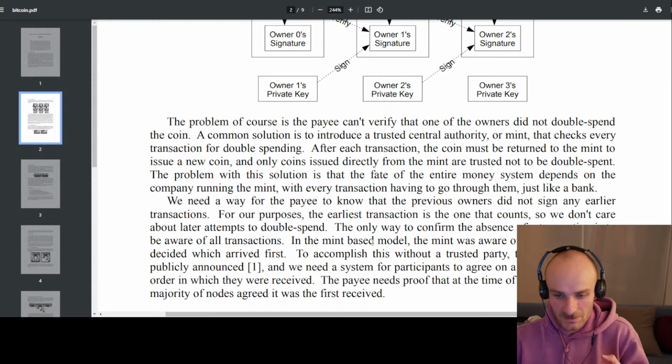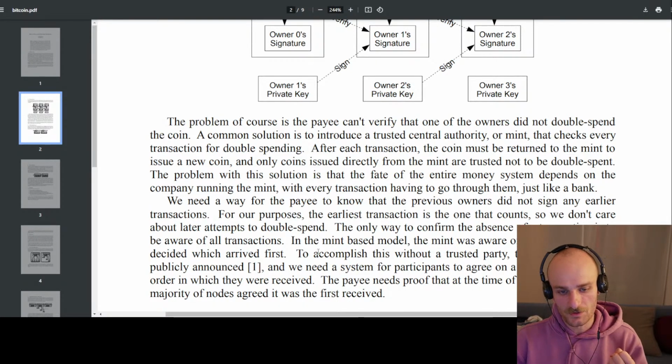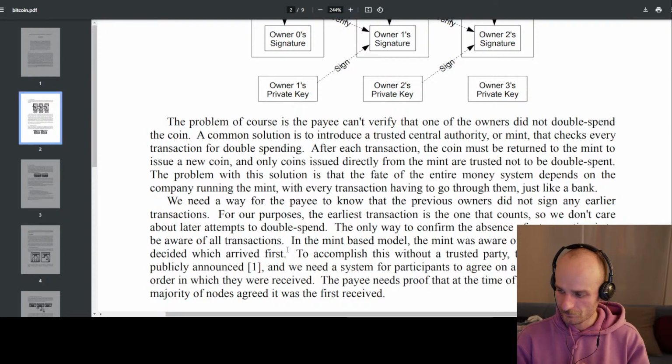It's repeating the necessity for a distributed register. So instead of leaving the ledger in the hands of just one guy, we all need to be able to check the ledger.